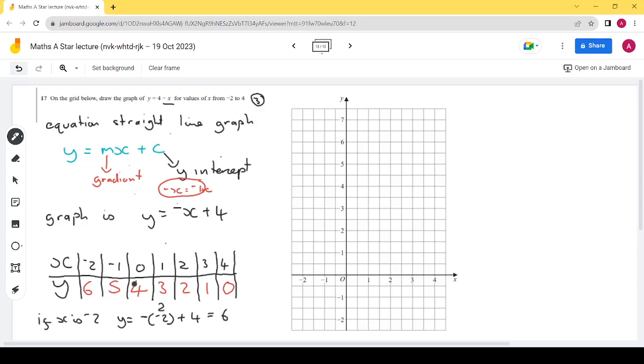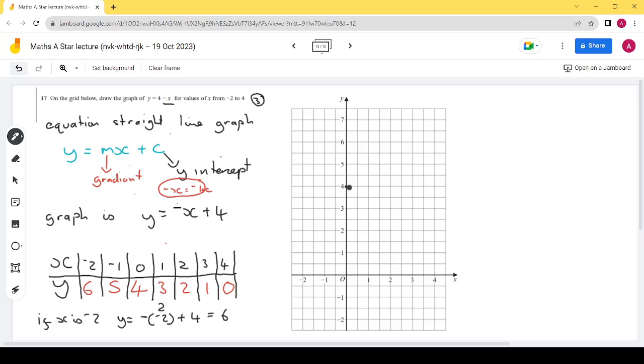And we can see that sure enough here. So remember, the gradient just tells us how much y changes for every 1 x. If it's minus 1, that means y goes down 1 for each x up 1. The y-intercept tells us what y equals when x equals 0. So we've got that here.